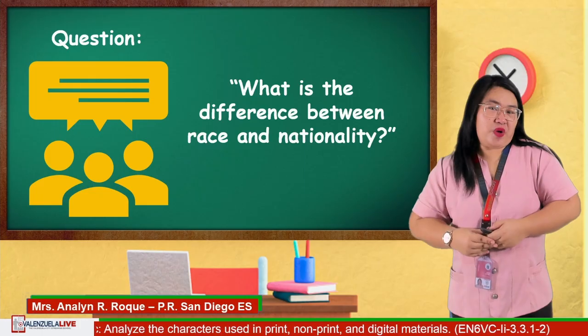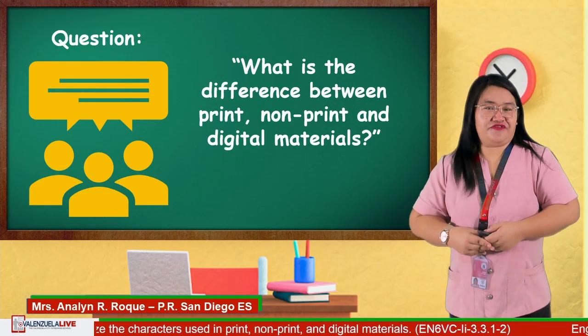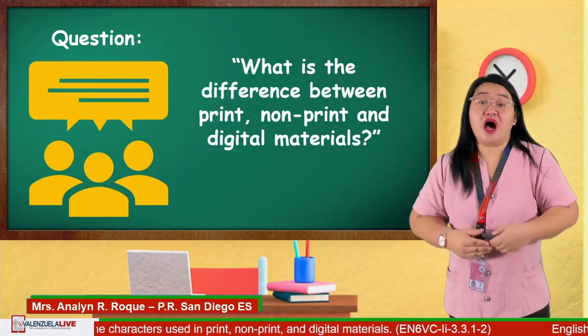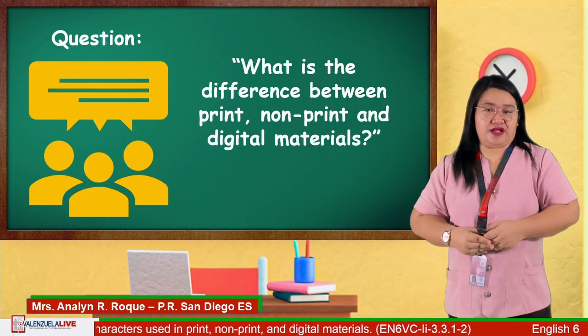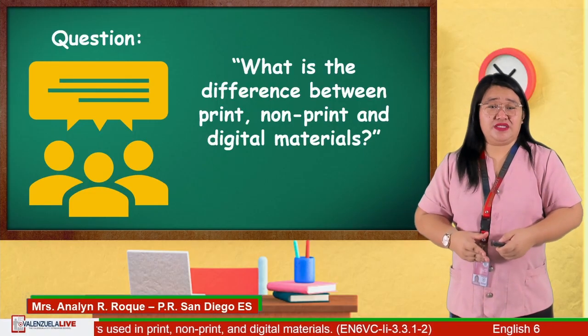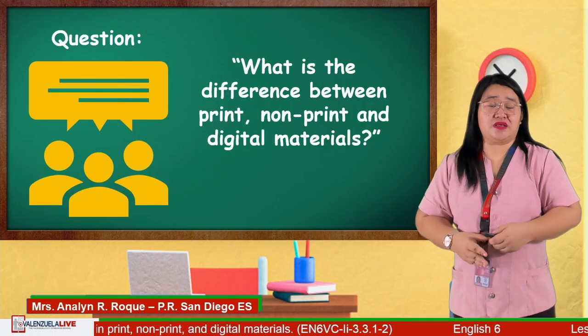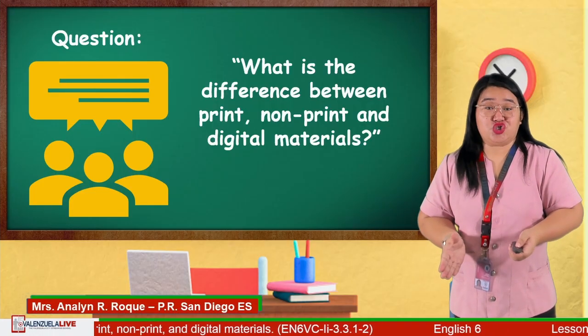And our third question came from Vincent, and he asked, what is the difference between print, non-print, and digital materials? Well, Vincent, print materials are the ones that are written on paper, books, and other solid objects where we can read the message or text.